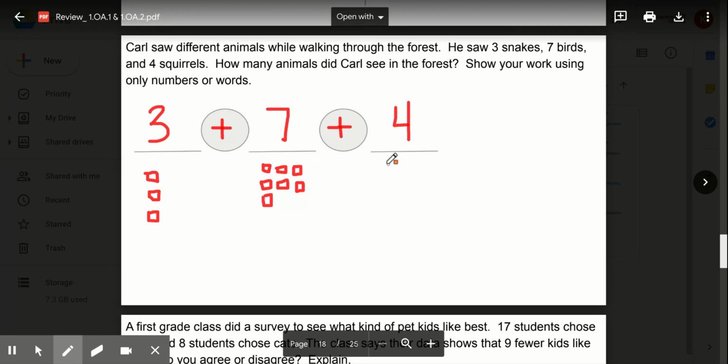And 4 squirrels. Now I'm going to count up all of my ones to see how many animals he saw total. 1, 2, 3, 4, 5, 6, 7, 8, 9, 10, 11, 12, 13, 14. Carl saw 14 animals total.